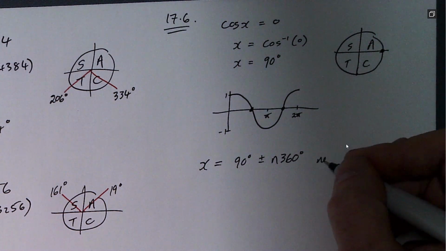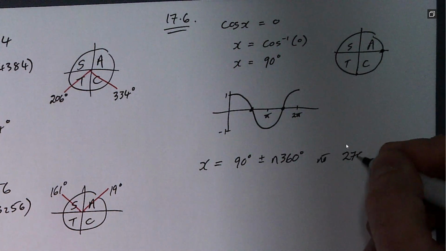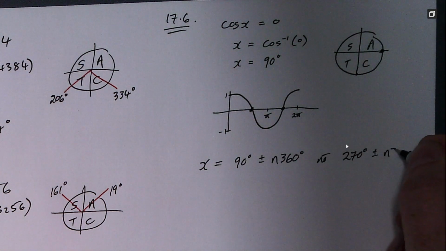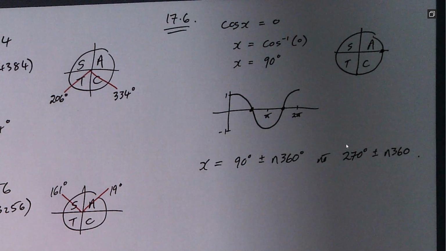And here the other value, 270 degrees plus or minus n 360. So that's how we write in general form. N is the number of revolutions.